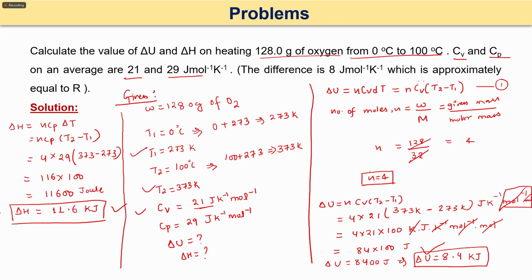The answer I write over here is delta U is 8.4 kilojoule and delta H is 11.6 kilojoule. This is your answer for this. Now let us solve the next.